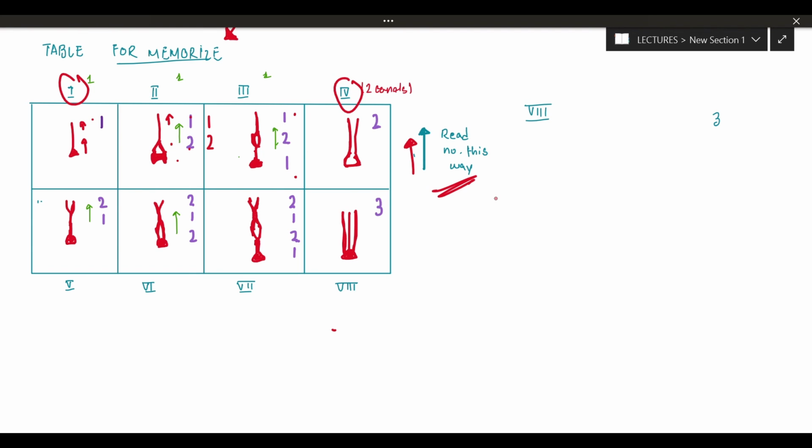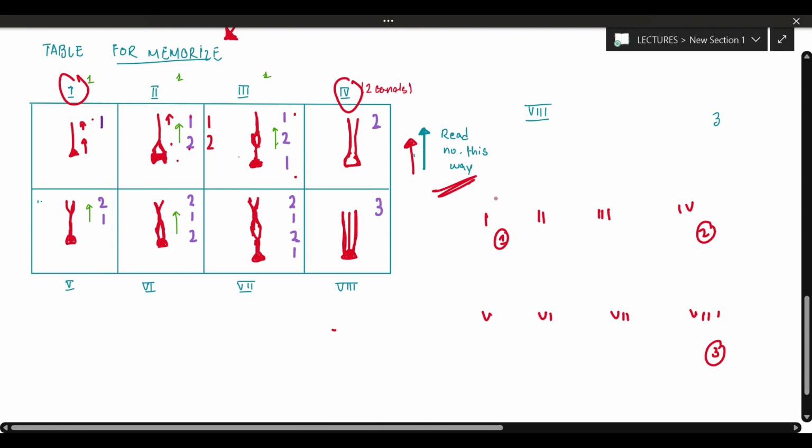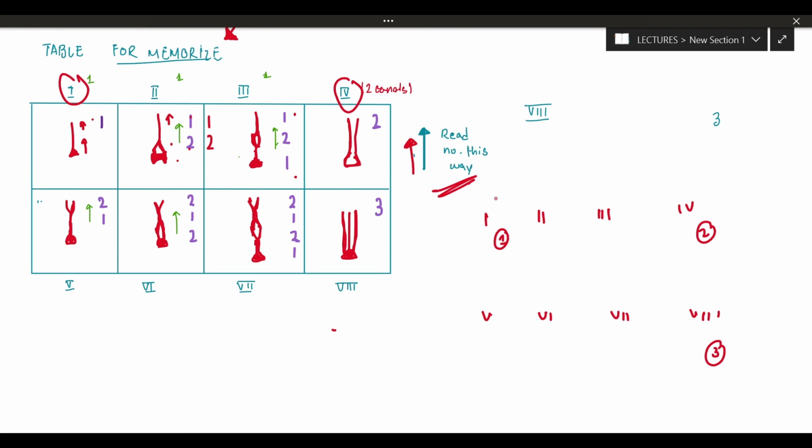So on writing this table you can write like this: 1 2 3 4 5 6 7 8. We know that its code is 1, its code is 2, its code is 3, because they have one canal leaving the pulpal chamber, exits the apical foramen as 1, two canals leaving the pulpal chamber, exits the apical foramen as two, and three canals leaving the pulpal chamber, exiting the apical foramen as three.